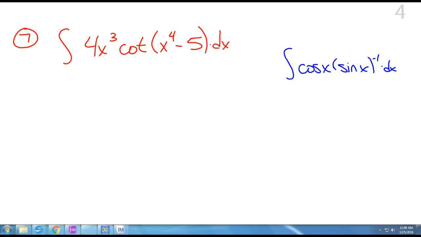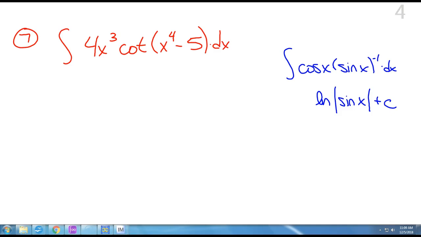If I'm just doing this one, big guy, little guy, what's the derivative of sine? Cos. So I'm going to integrate the big guy. Add 1 to the power, I get 0, multiply that way, that doesn't work. So what do we use instead? Natural log. So this is the natural log of the absolute value of sine of x, plus c. So the integral of cotan is the natural log of sine of x plus c.